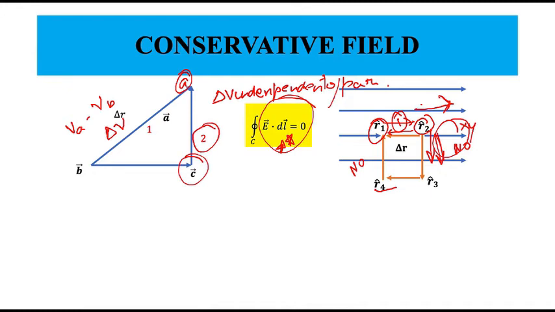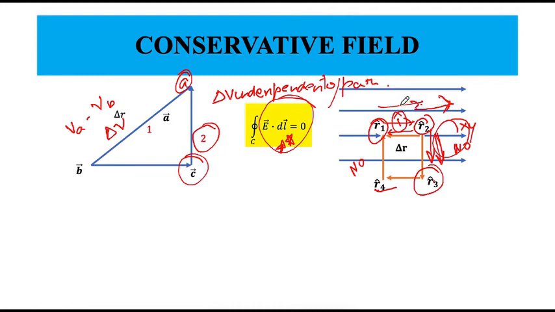So in the same way, if I move from R3 to R4, I do some work against the field, so there is some amount of potential energy sitting in the charge. Now when the charge moves from R1 to R2, that movement is aided by the field and not against the field.